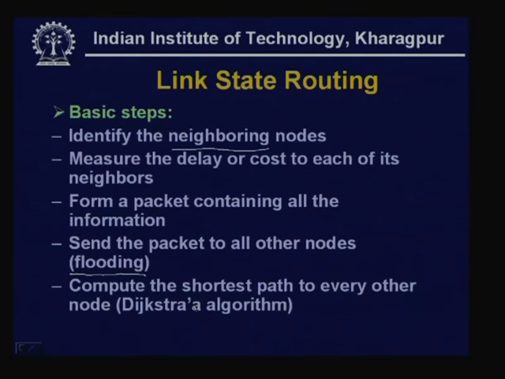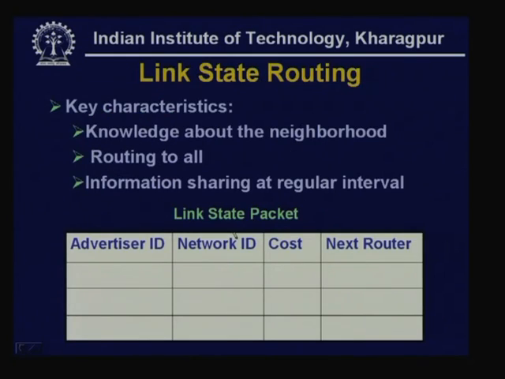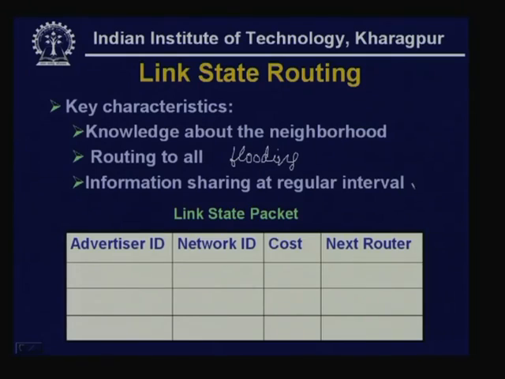So, in this case, the information is gradually gathered based on the information received from all other nodes, and then the routing is done. The basic idea is that it uses knowledge about the neighborhood and then routing to all by using flooding, as we have seen. It uses flooding to send the information to all the nodes, and information sharing is performed at regular intervals, just like distance vector routing.